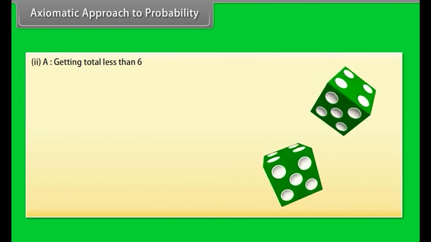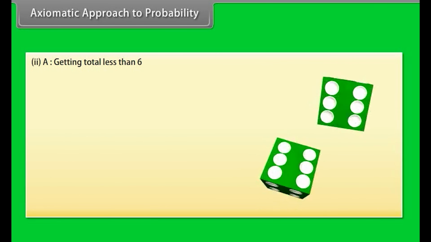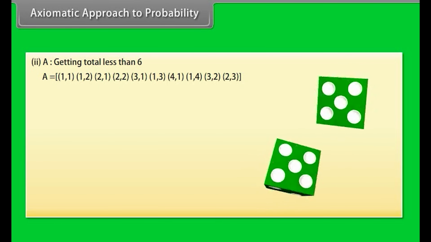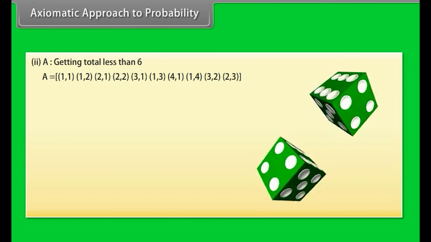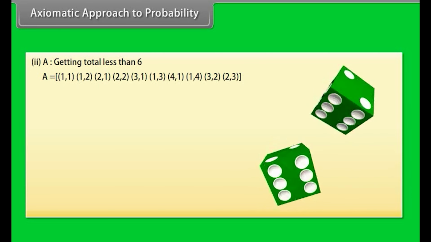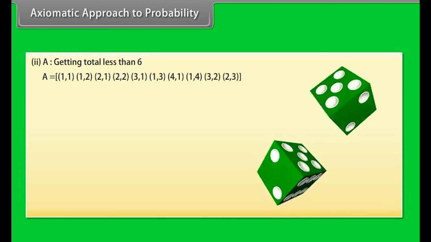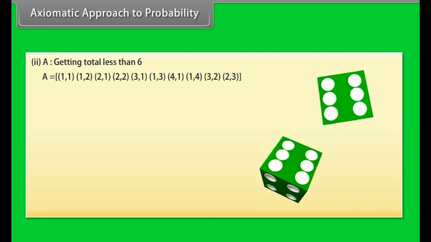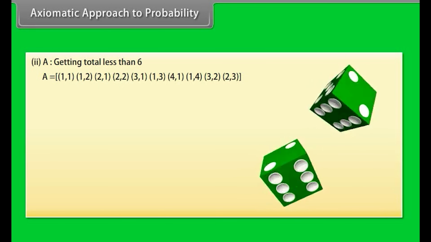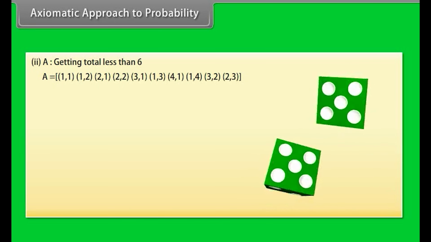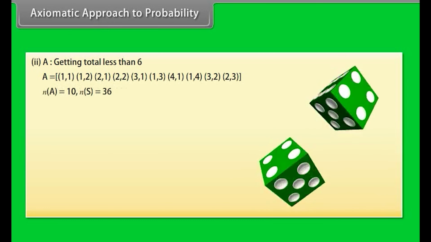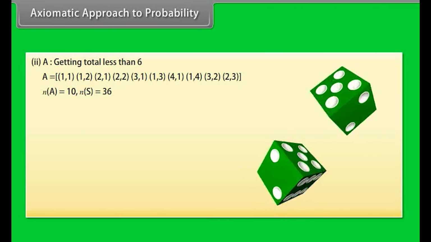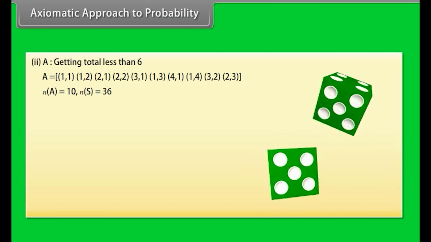2. A: getting total less than 6. A is equal to {(1,1), (1,2), (2,1), (2,2), (1,3), (3,1), (1,4), (4,1), (3,2), (2,3)}. n(A) is equal to 10. n(S) is equal to 36.